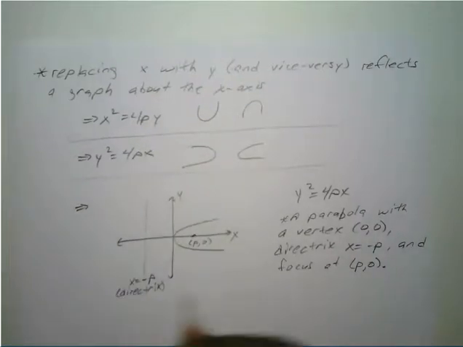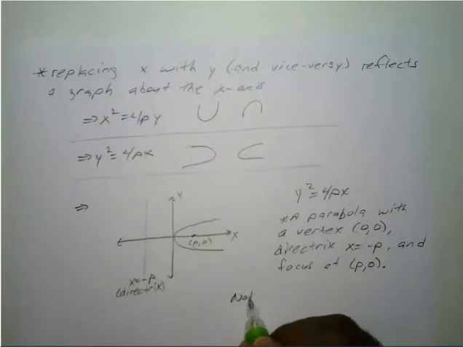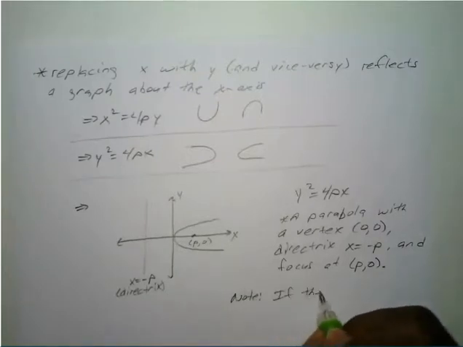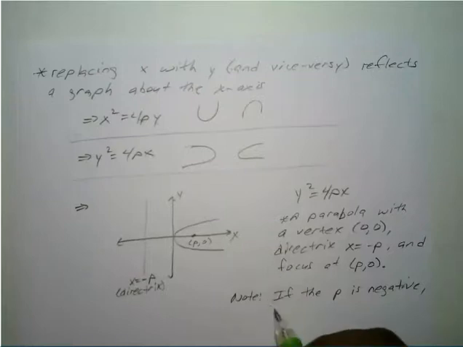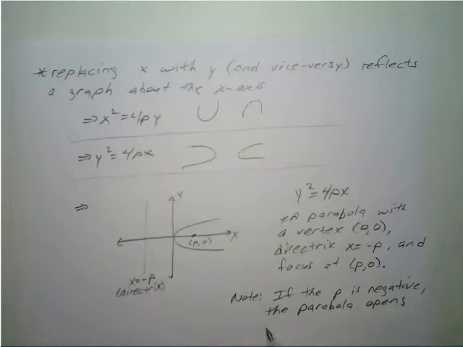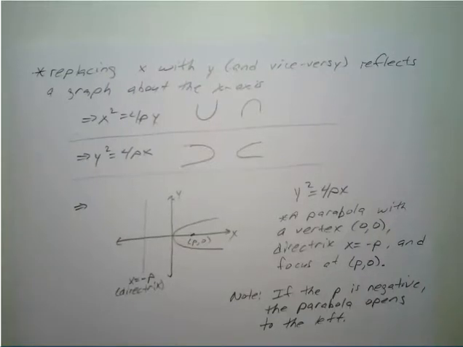Now in this case, if the p is negative, the parabola opens to the left. Right?